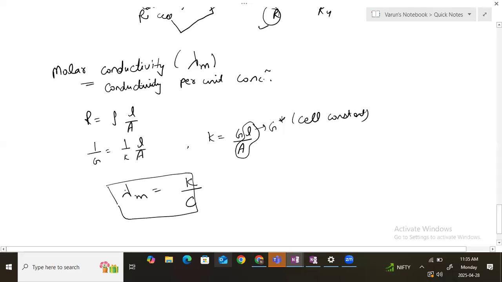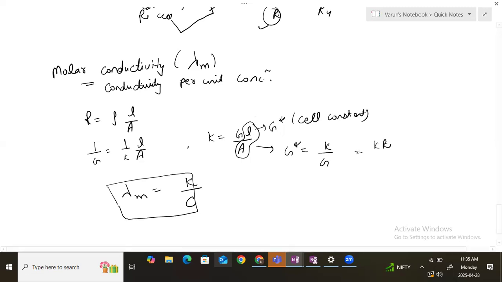One more thing. From this formula, if I write that the cell constant G star will be equal to kappa by G, or it will be equal to kappa R, conductivity and resistance.